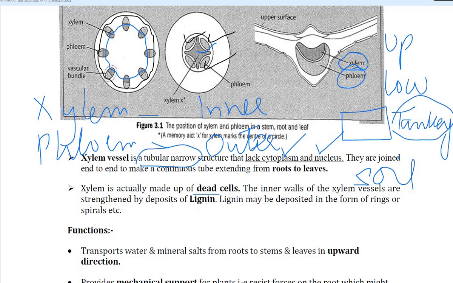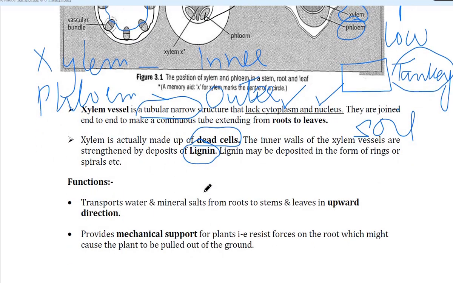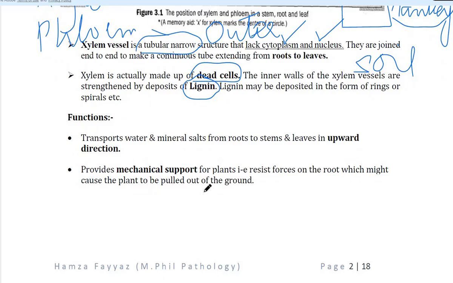Xylem is made up of dead cells that are deposited with lignin, lignified walls. Why? So that water can be easily transported throughout the life in the xylem vessel.